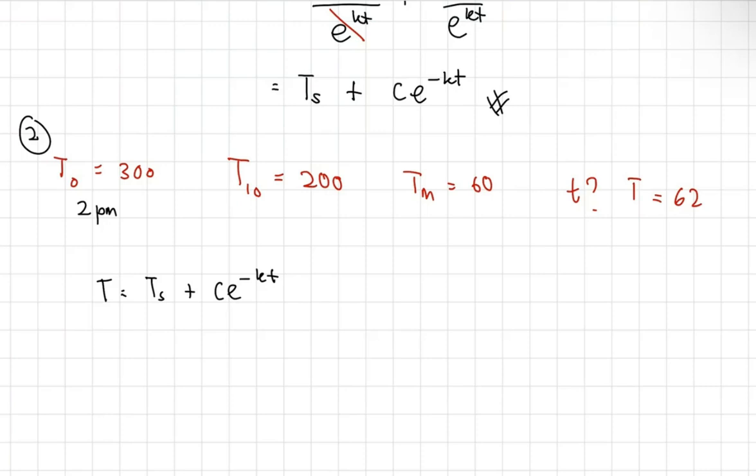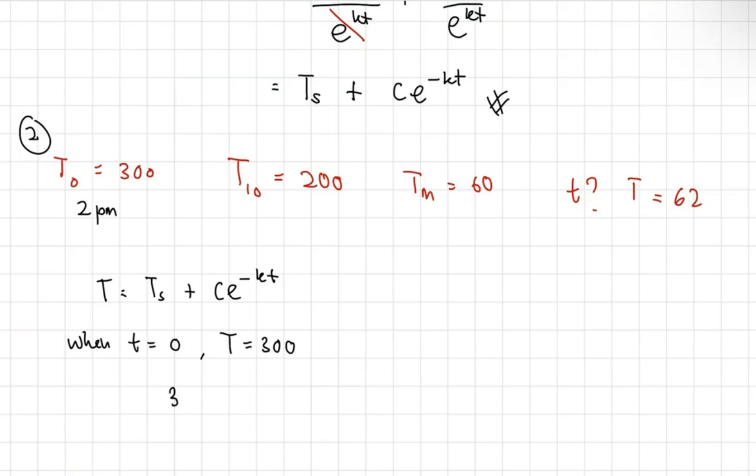All right, let's find out the two unknown constants first. The first one is C, which is unknown. The second one is k, also unknown. We know Ts is 60 degrees Fahrenheit. So when t naught, when time equals 0, the temperature is 300.